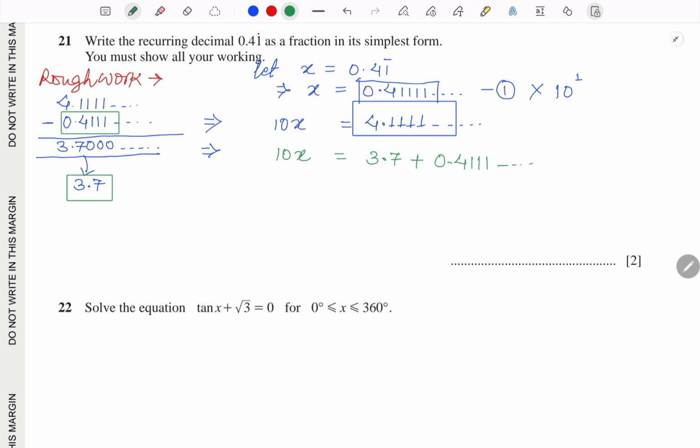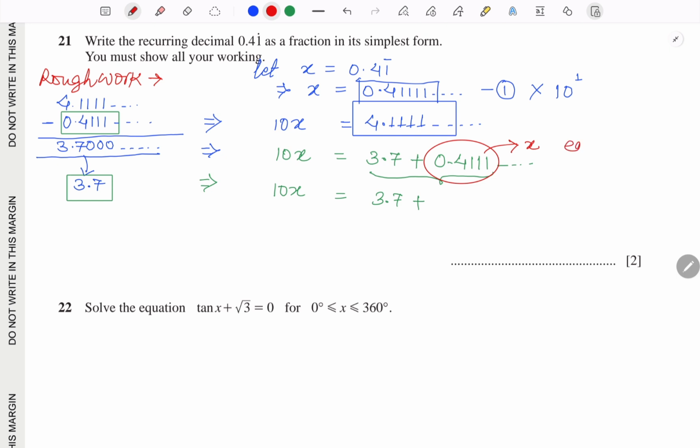If you add these two numbers, you will get 4.111. Why did we write it this way? You will see why. Here we can write 10x, this one is 3.7, and this 0.411. What is this? This is nothing but x.